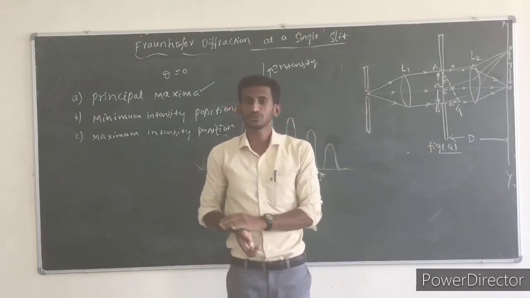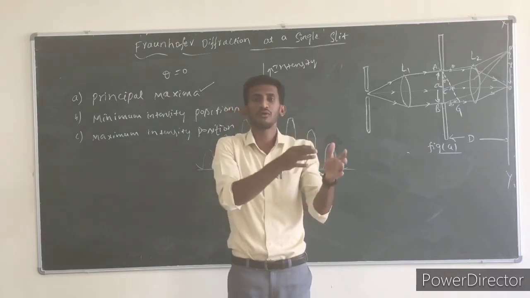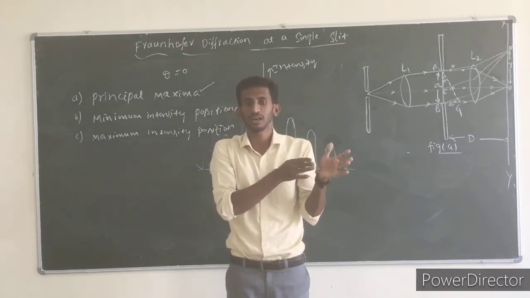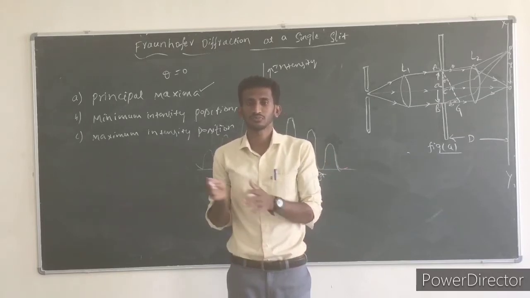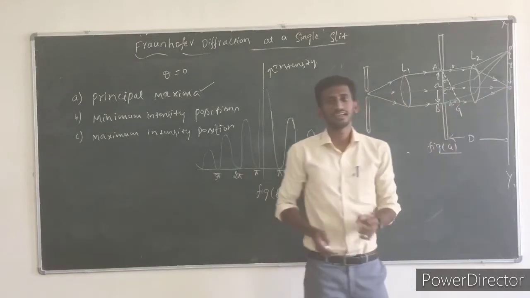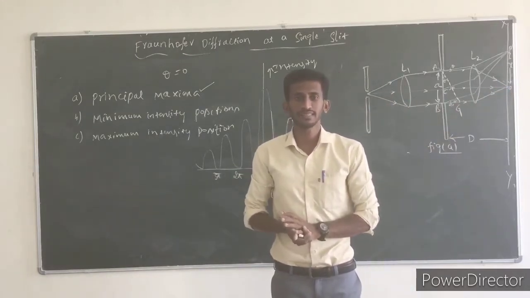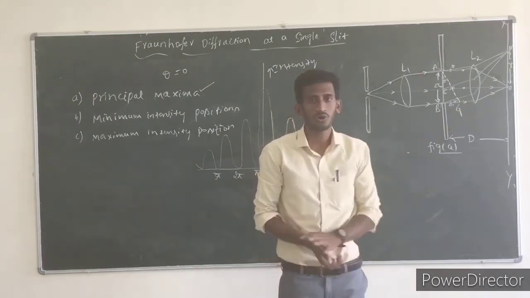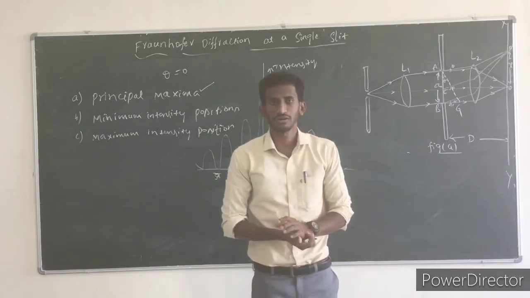When theta is equal to 0, the secondary wavelets travel normally through the slit, so they interfere constructively. We get the maximum intensity at this position O. That point is called the principal maximum. Clear?